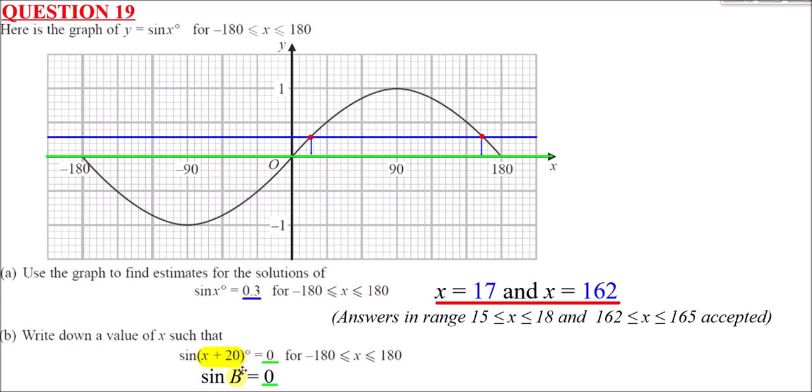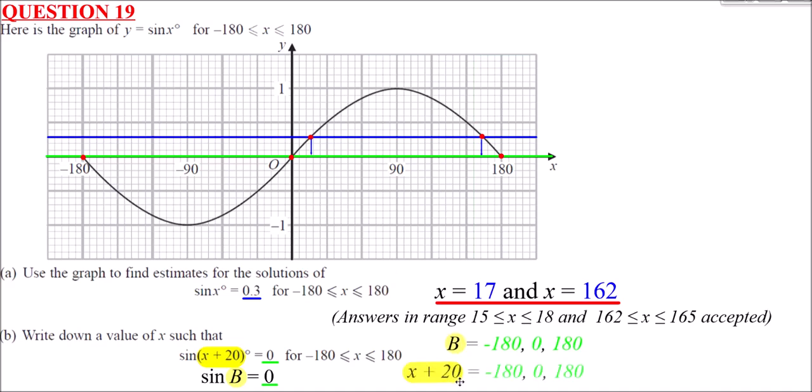So sine of whatever's in my brackets is equal to 0 when what is in the brackets is equal to either minus 180, 0, or positive 180. These 3 points here. So my bracket needs to equal one of these 3 different values, of course.